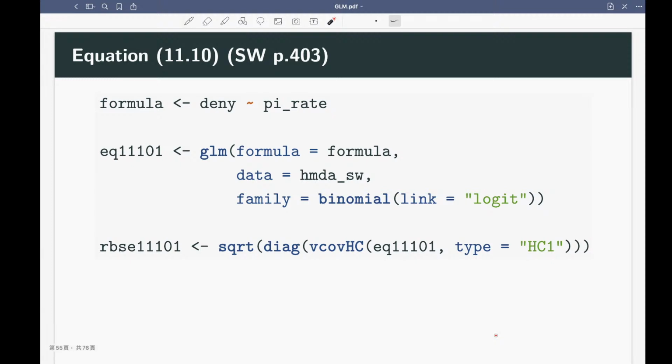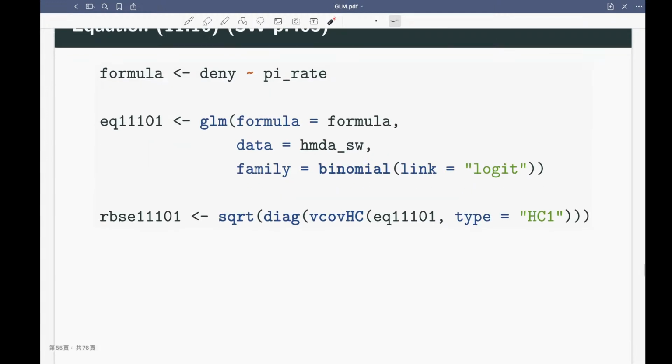And here we also do the same thing for the model setup, the model demo. At first, we use the PI ratio, and we only change the link function to Logit.